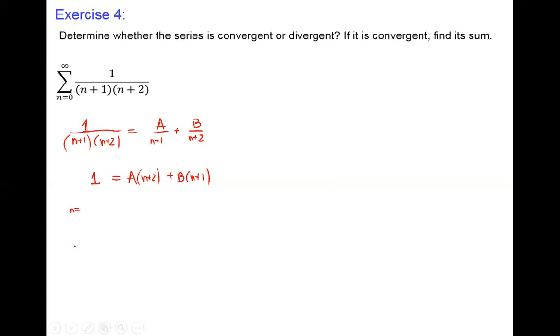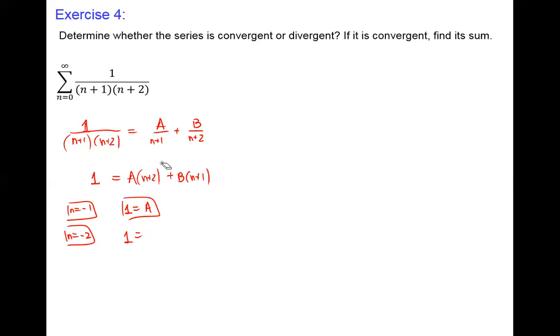Now if I substitute negative 1 instead of n, I have 1 on the left hand side, and this will be gone. Negative 1 plus 1 is 0, negative 1 plus 2 is 1, 1 times a, that means a is 1. And if I substitute n equals negative 2, I still have 1 on the left hand side.